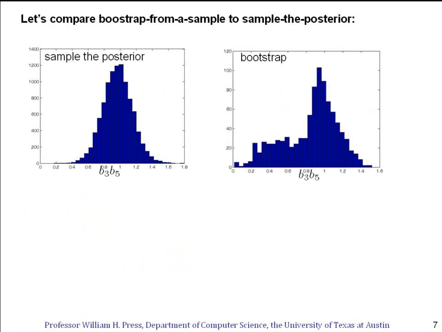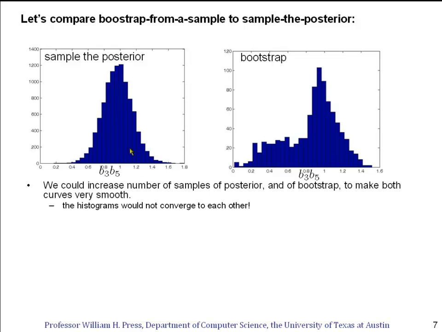So let's compare side by side these two techniques, one from the previous segment and one from this segment. In the previous segment, we learned about sampling the posterior distribution of B3, B5, and we got a histogram like this. In this segment, we've learned about bootstrap resampling, and we get a rather different looking histogram, although it still has a peak at around 1.